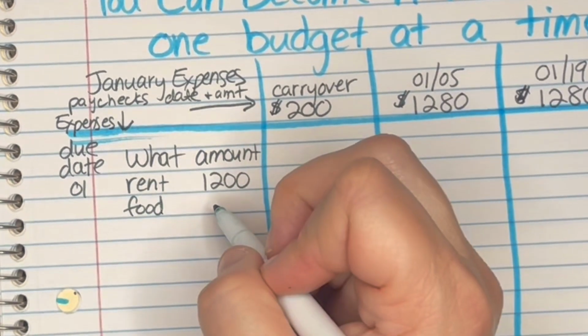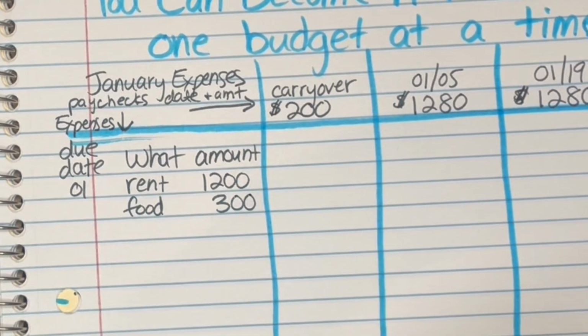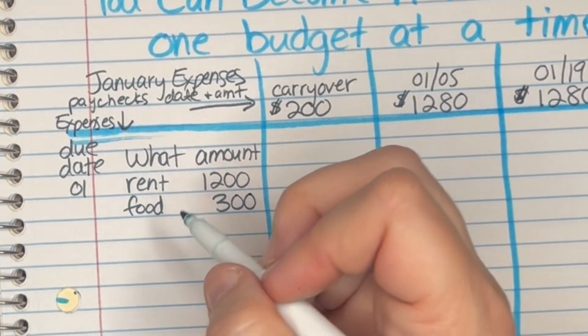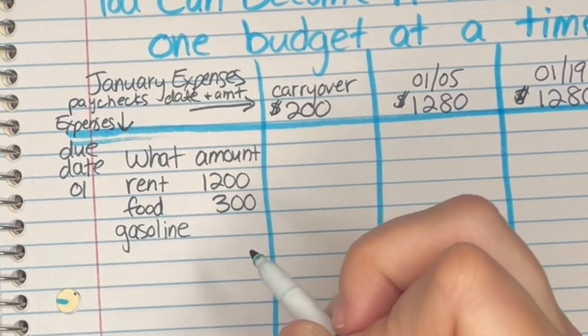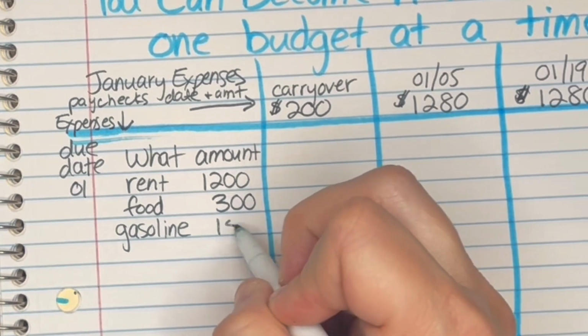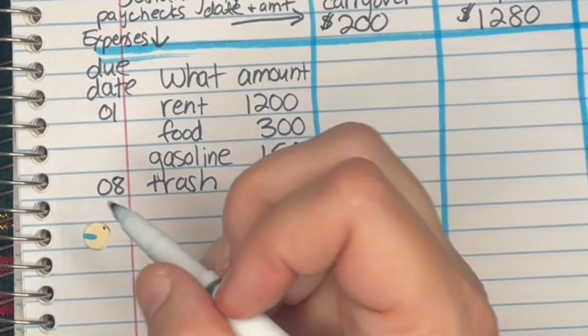At the beginning of the month, you're also going to need food money. And you're budgeting food for the month at $300. Gasoline is going to be $150 for the month. On the 8th, the trash bill is due, and that's going to be $25.